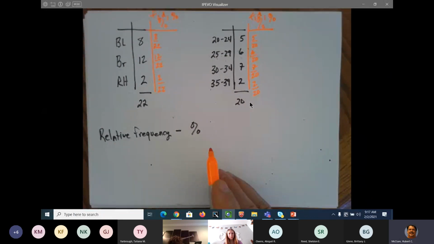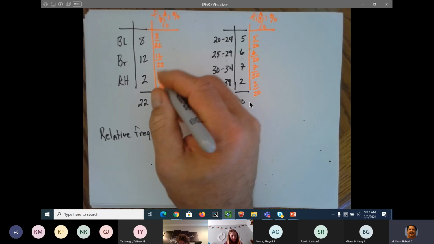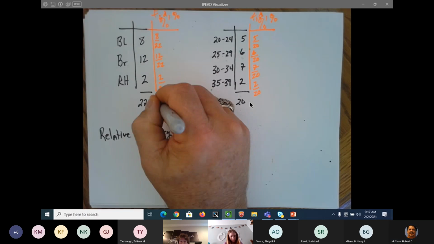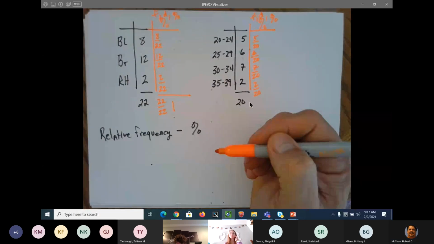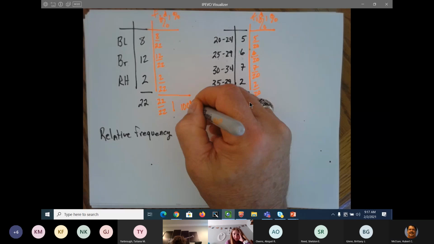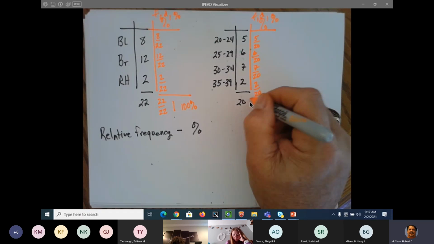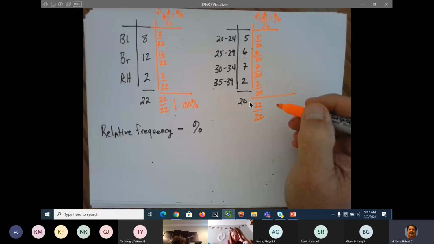Please make sure you understand that. And they may say, what is the total? Well, if you do fractions, you're going to get 22 over 22. If you do decimals, you're going to have a total of 1. And if you do percent, you're going to have a total of 100%. Make sure you make that distinction, because there is a homework question that somebody sent me.